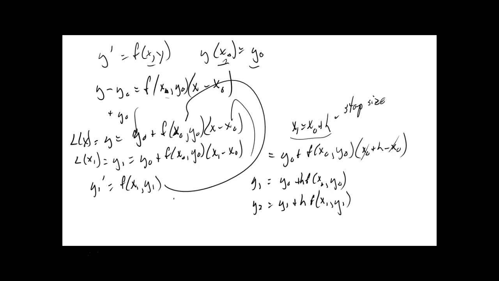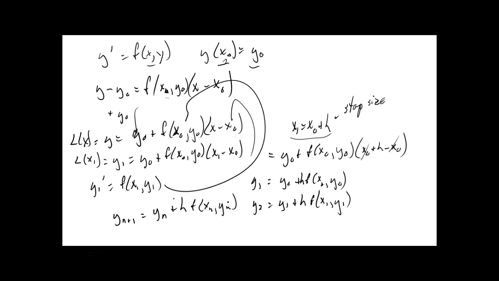So basically, this is called a recursive formula. And here's what it is. I want to make sure I got my index right. y sub n plus 1 is equal to y sub n plus h times f of x sub n, y sub n.